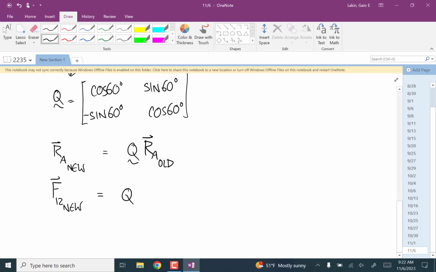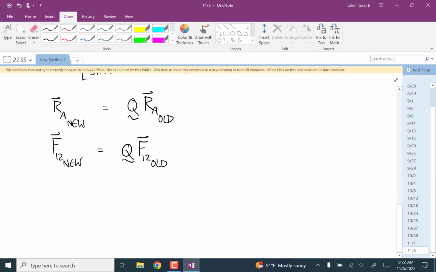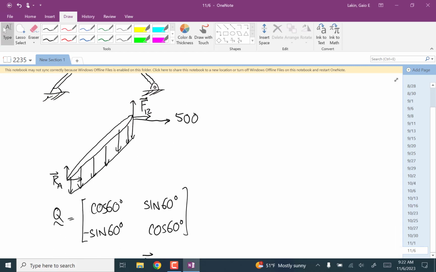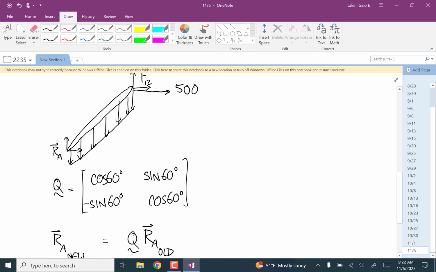Would be Q times F12 in the old coordinate system. That 500 Newton force, I'll call it F500 in the new coordinate system, would be Q times that 500 Newton force in the old coordinate system, which would just be 500, 0.